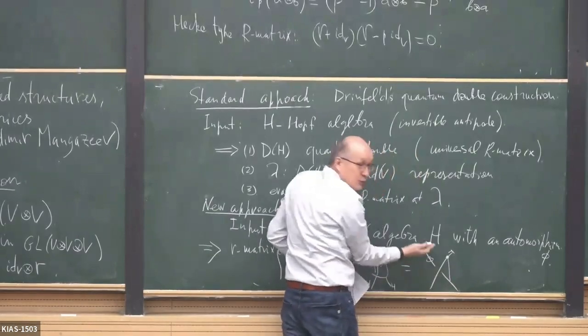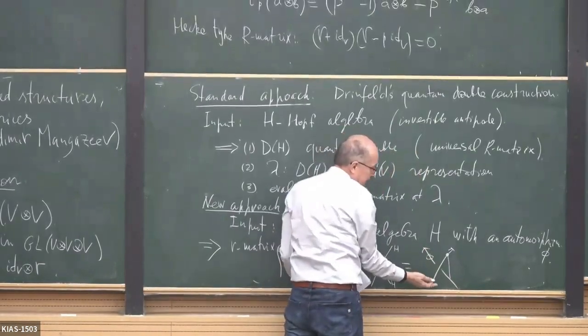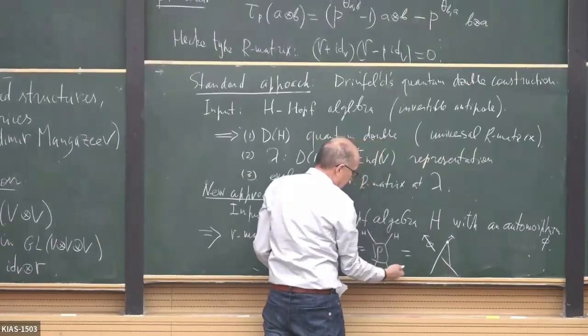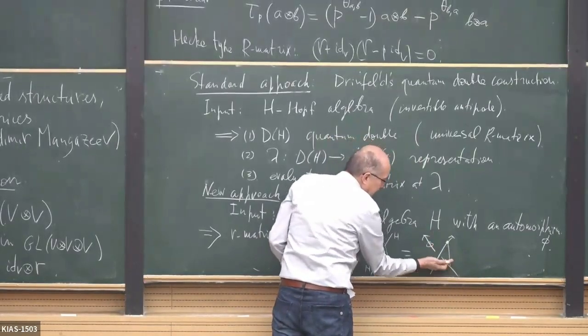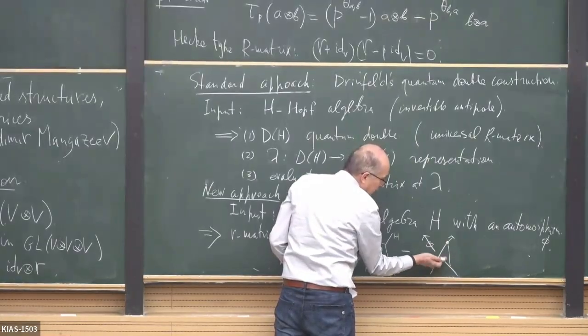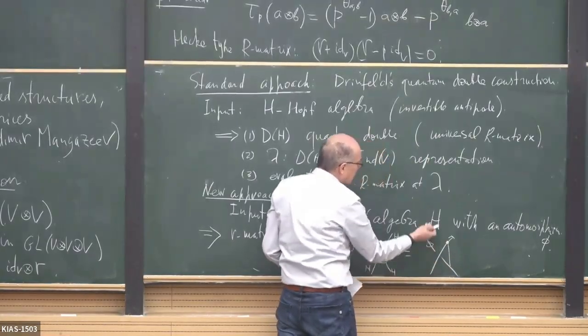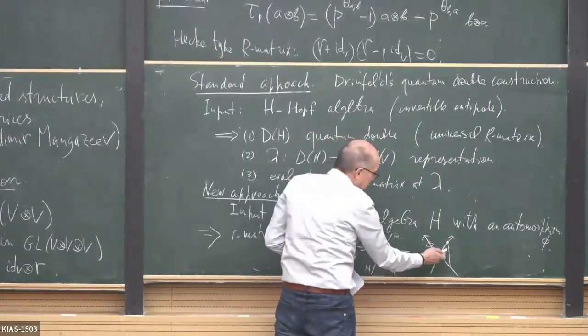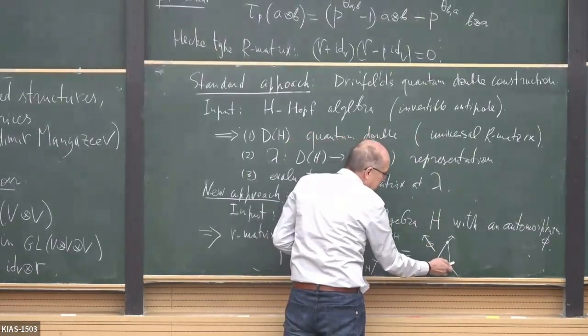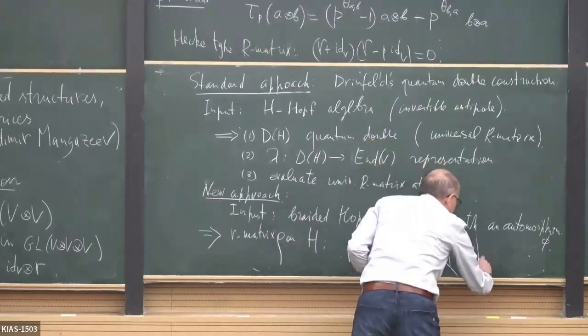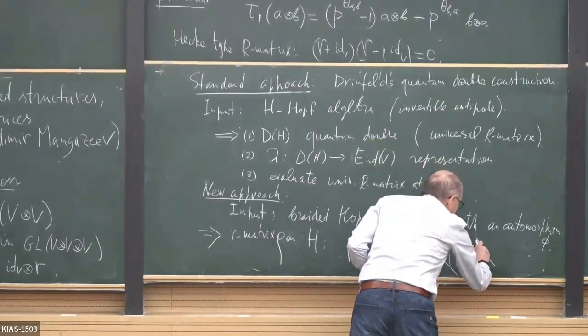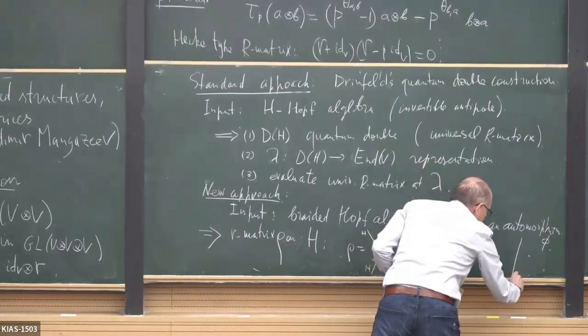So I'm using the string diagram notation. So this is a map from H tensor H to H tensor H. And how is the map accomplished? Here we have a braiding, because the Hopf algebra is braided. And this is a coproduct. And here we have a certain left action, which is given by this formula.